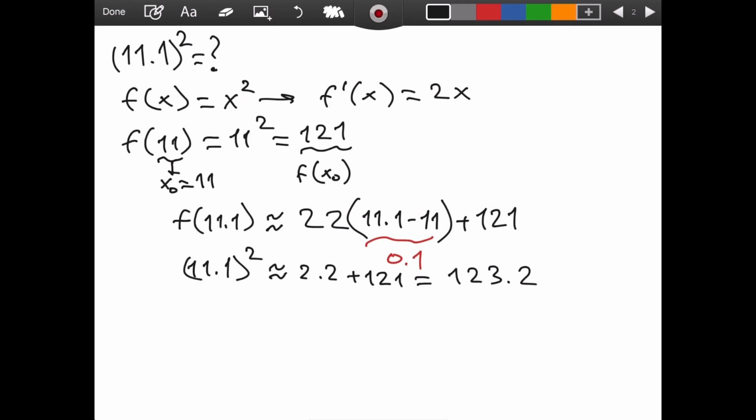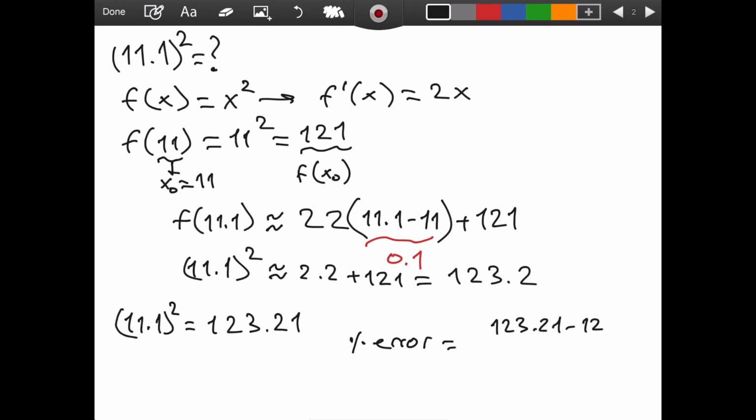Well, how close are we? What is the actual square of 11.1? If you use a calculator, which I am doing right now, you will see that it is equal to this. It is incredibly close. If you were to do a percent error check on this, and if you don't know this formula, I can go over this in a future video.